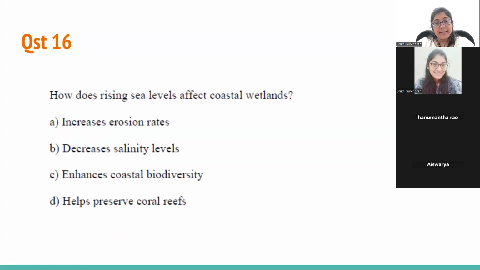How does rising sea level affect coastal wetlands? How does the increase in the sea levels in the coastal areas impact coastal wetlands? Does it increase the erosion rate, decrease the salinity levels, enhance coastal biodiversity, or help preserve coral reefs?